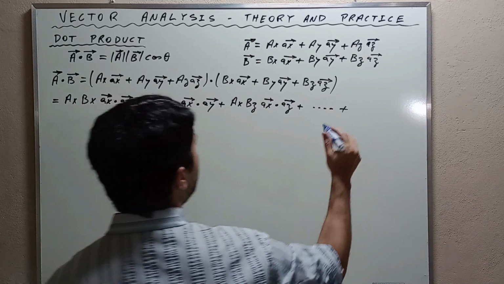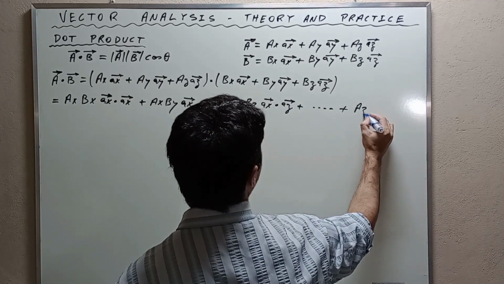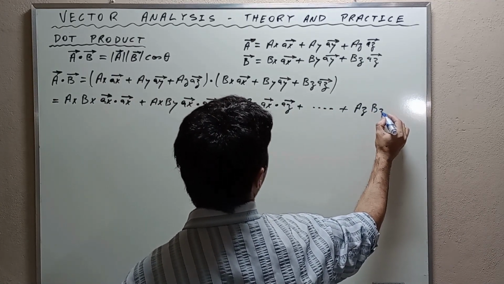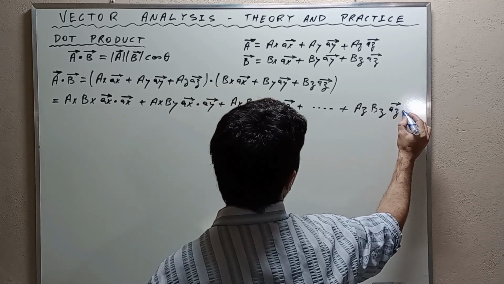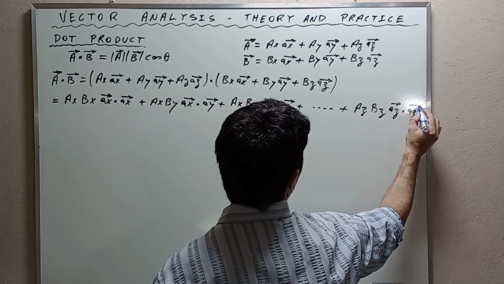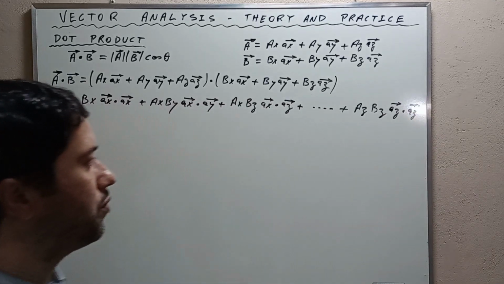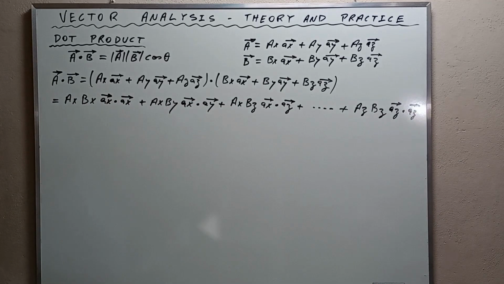And in the end we reach az bz in a dot product with az in a dot product with az. Okay?